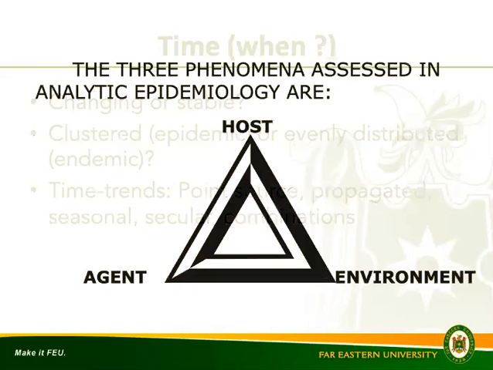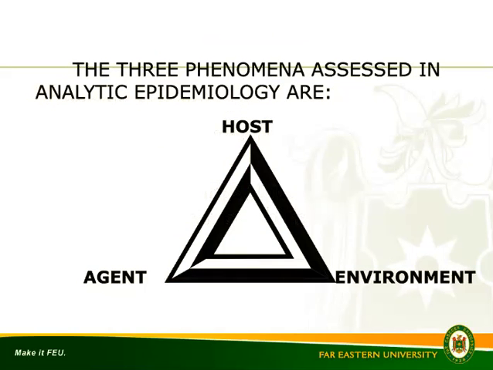The next epidemiologic triad is the three phenomena assessed in analytic epidemiology. So if time, person, and place is the basic triad of descriptive epidemiology, the host, the agent, and the environment is the triad of analytic epidemiology.